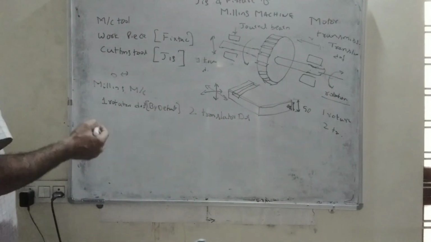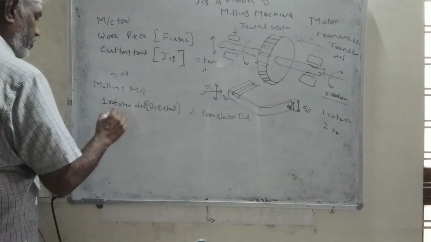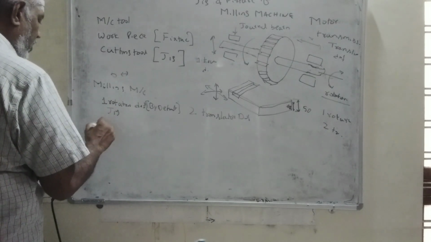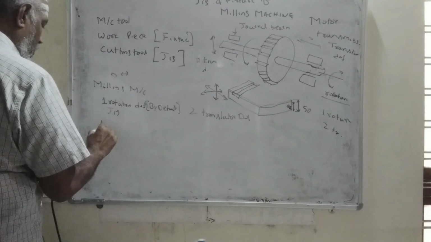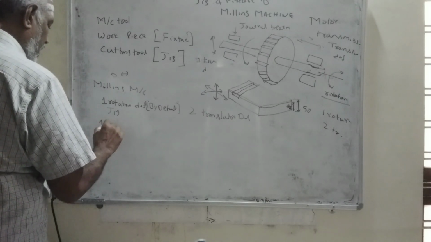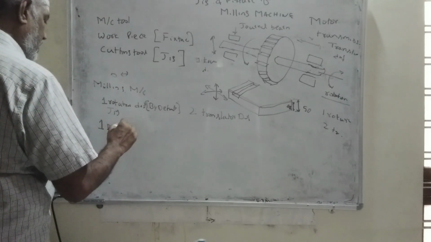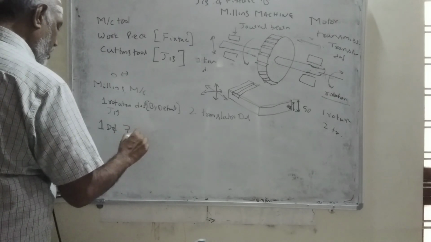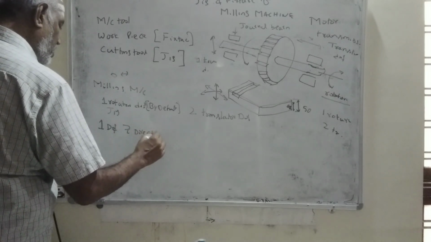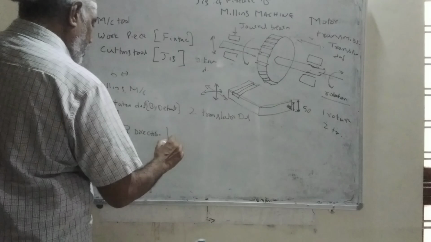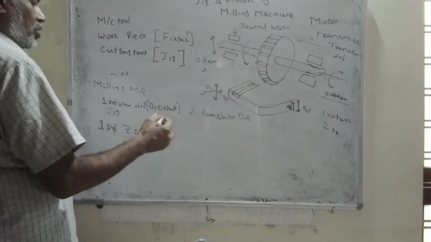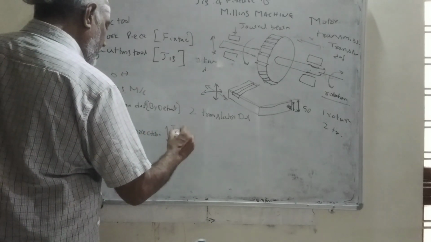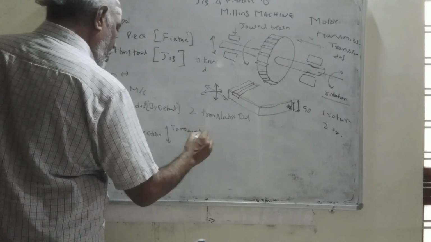Similarly, a fixture will have one degree of freedom in the z direction. That means it has to move up and down, so we have to maintain the depth of cut.